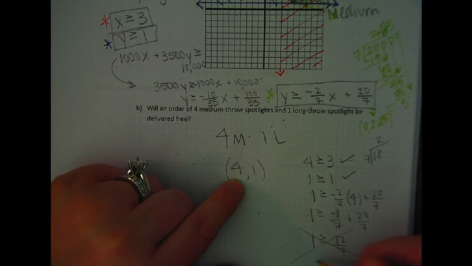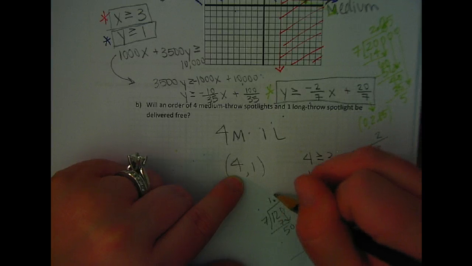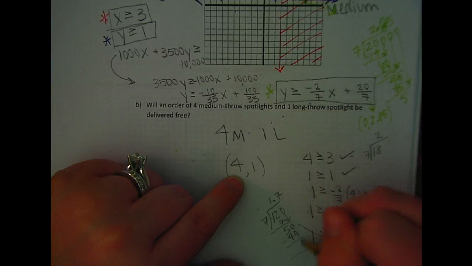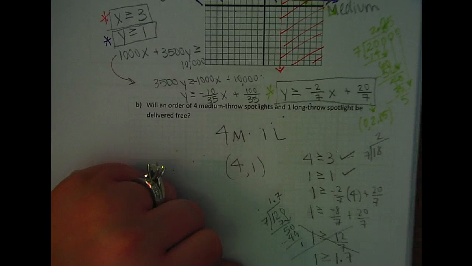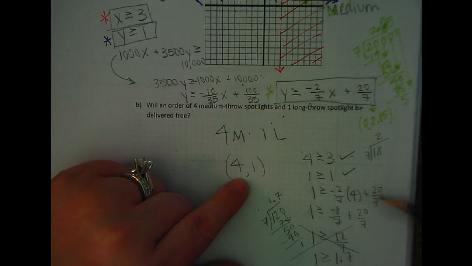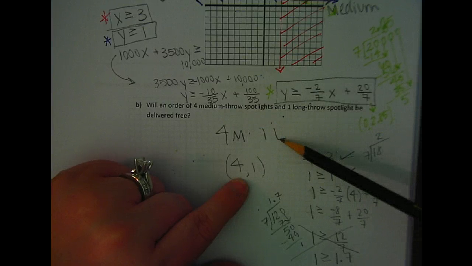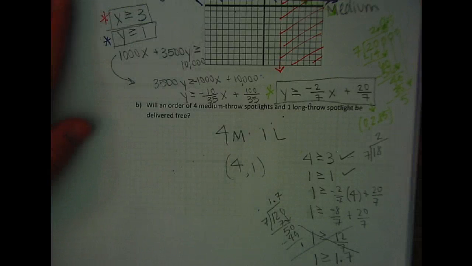That's where it breaks. 12 divided by 7, 7 goes into 12 once, 7 times 1 is 7. So right there, 1 is not bigger than or equal to 1.7. So 4 comma 1 does not satisfy the third inequality. Therefore, 4 medium lights and 1 long light is outside of the solution region, so you will not get free delivery.